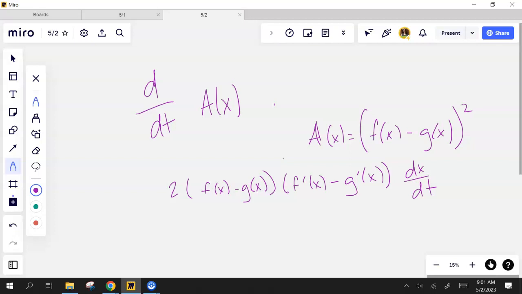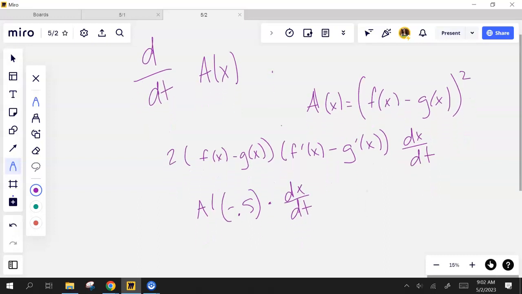What they did was a lot smarter than what I did. It's a calculator problem, so they just did the derivative at negative 0.5 times dx/dt. Times 7, because it tells you that dx/dt is 7.